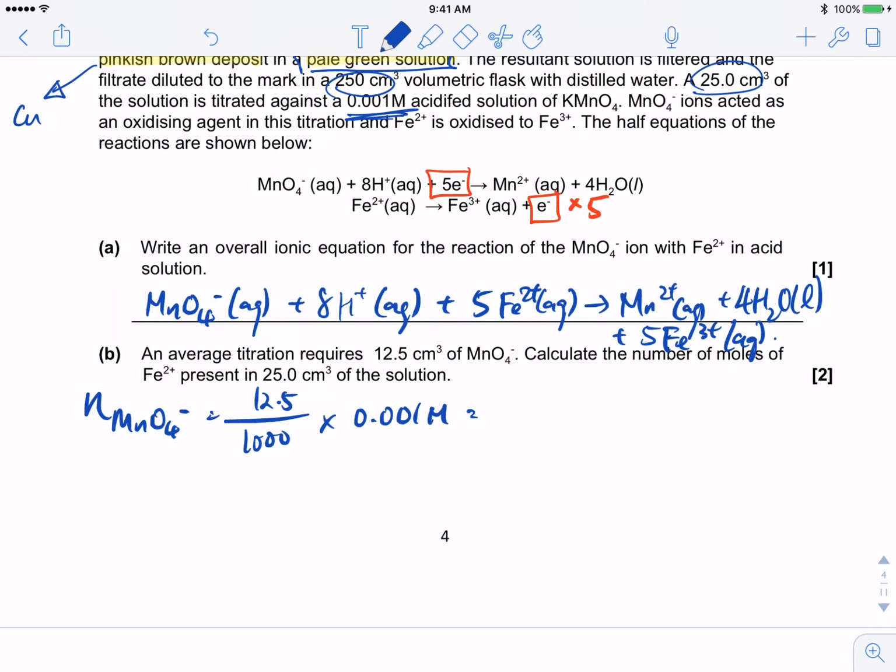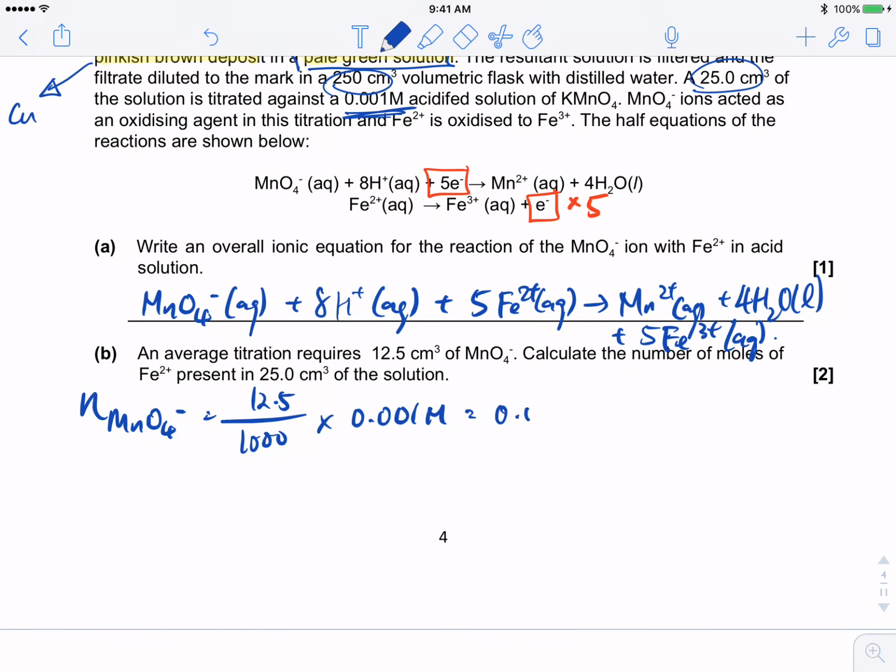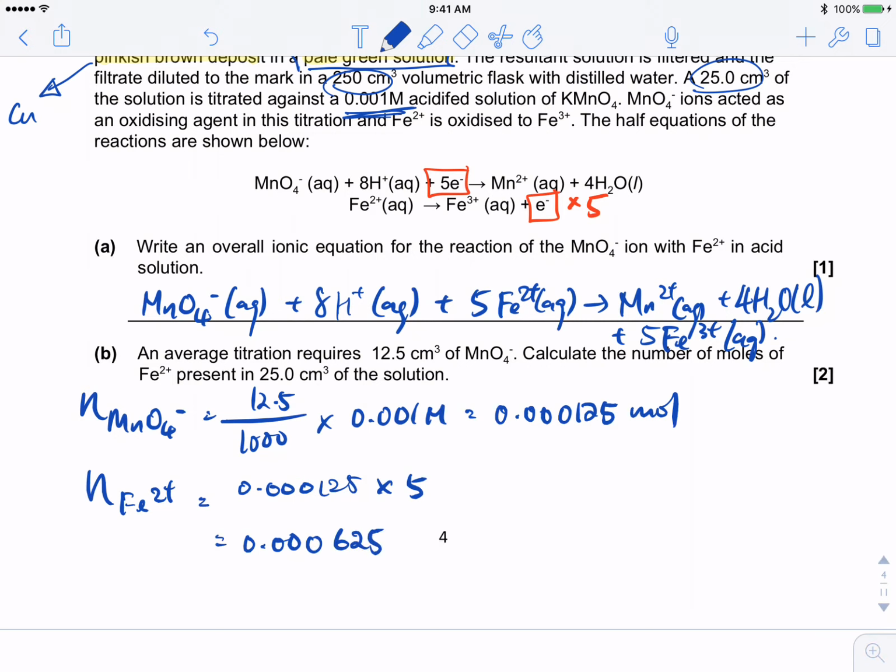What's this answer? 0.0000125 mole. Now it is 1:5, so number of moles of Fe2 plus equals 0.0000125 times 5, which equals 0.0000625. This one mark, this one mark.